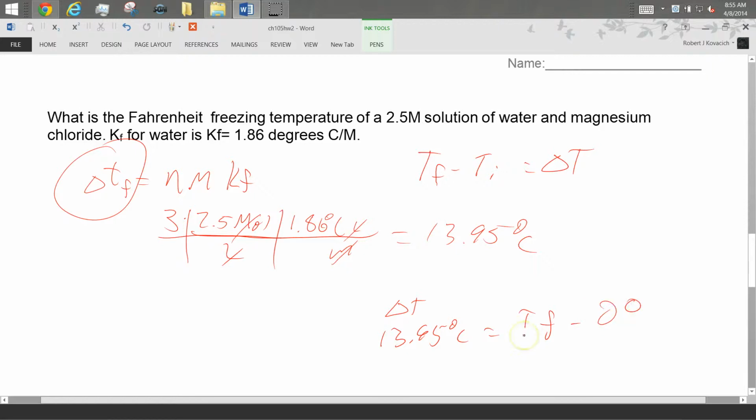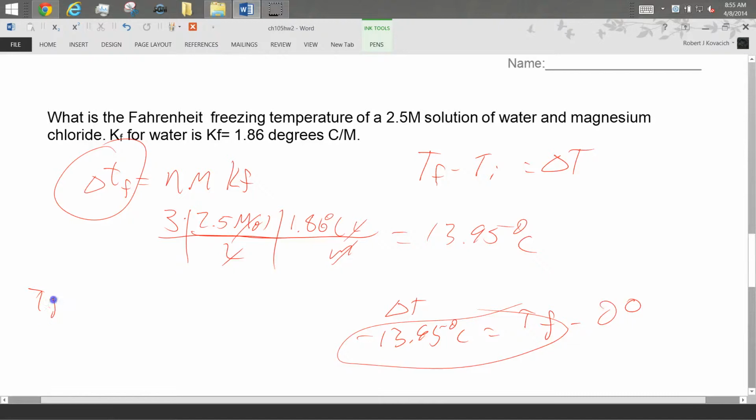So if I rearrange this equation, I got to put the negative sign over, right? And so I end up with my final temperature being negative 13.95. Great. So now that I know what that temperature is, I just need to do a conversion from Celsius into Fahrenheit.